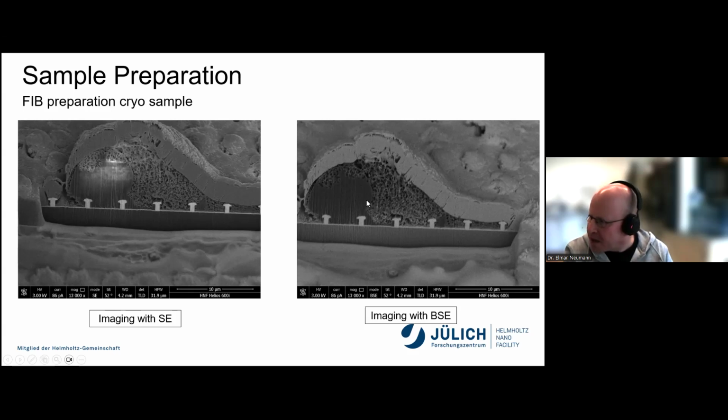What we see here is something that we refer to as the curtaining effect. This effect would be far worse if we did not apply a layer like this on top. Then in some cases, we would not see anything at all. Cutting with an ion beam is not like cutting with a clean knife, but more like sand milling.